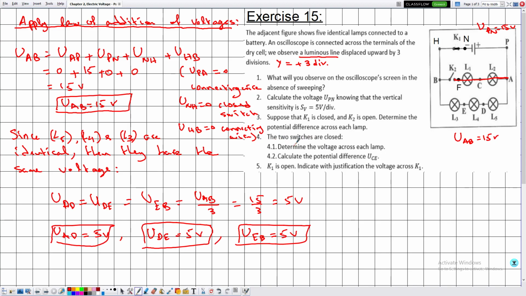So now in part 4 they are telling me the two switches are closed. So now we'll close the switch K2. Now again, 4.1, determine the voltage across each lamp.